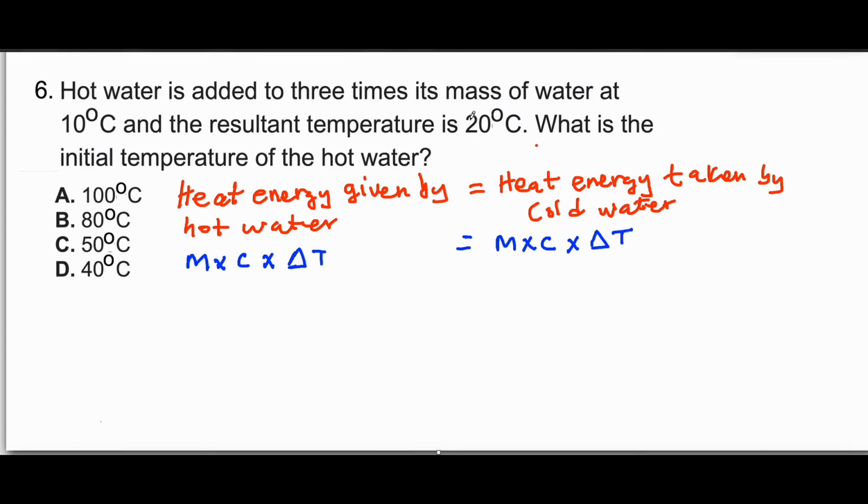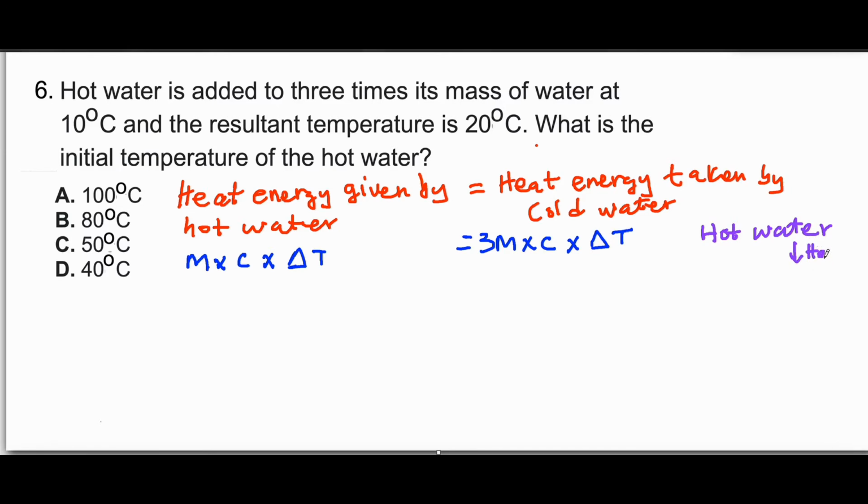Remember that we're told that the mass of the cold water is 3 times that of the hot water. Don't forget that. All right, so the hot water on the other side is the one that lost heat.